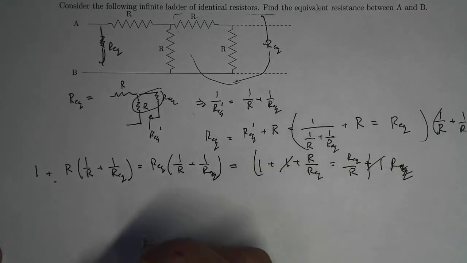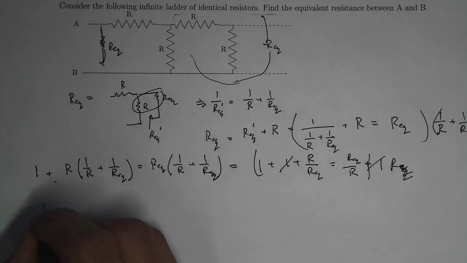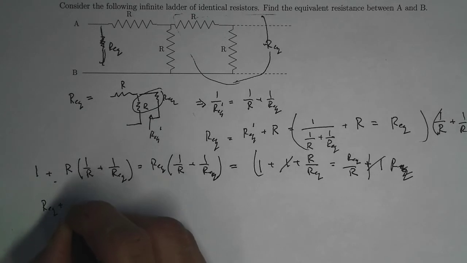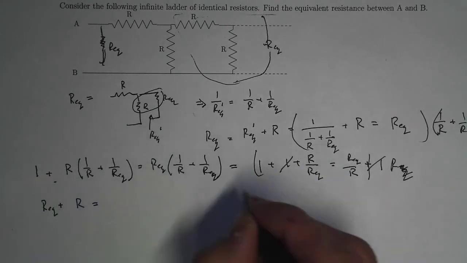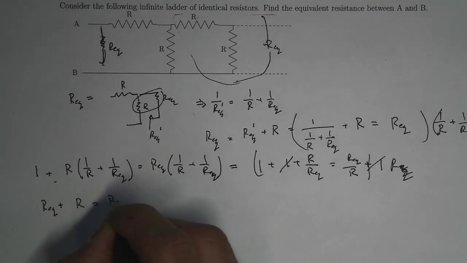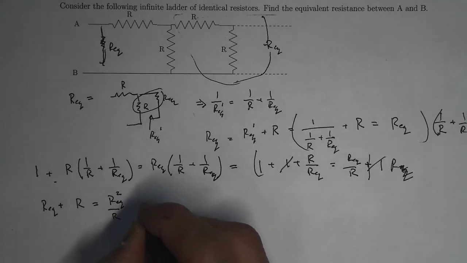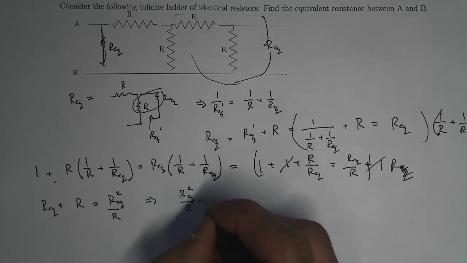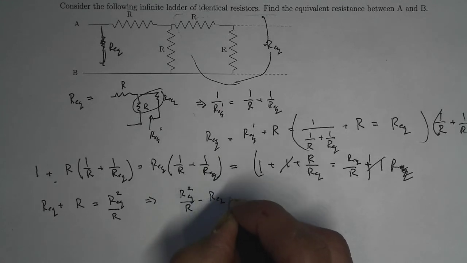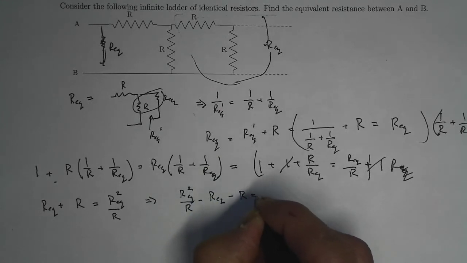If I do that, I'm going to get REQ plus R, that's REQ times R, is equal to REQ squared over R. Or written in quadratic form, this is REQ squared over R minus REQ minus R equals 0.